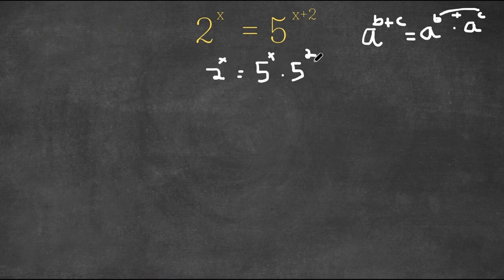Now, 5 squared, as we all know, is 25, right? So this is 5^x times 25 equals 2 to the power of x.